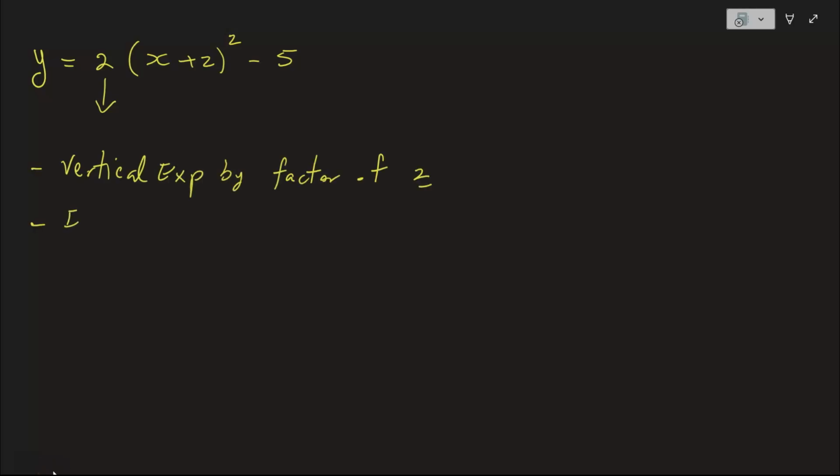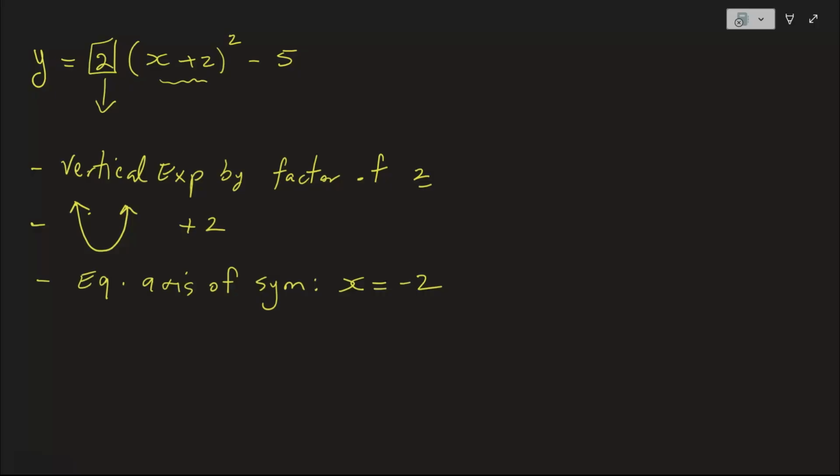It is upside up, because this is positive 2. All of that comes from the leading coefficient right there. Then the next thing is x plus 2. So the equation of the axis of symmetry is x equals -2. We have the vertex is (-2, -5).